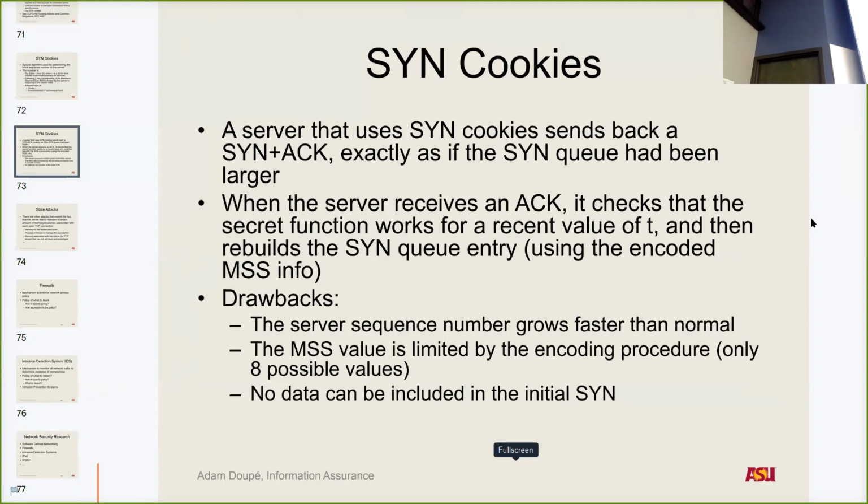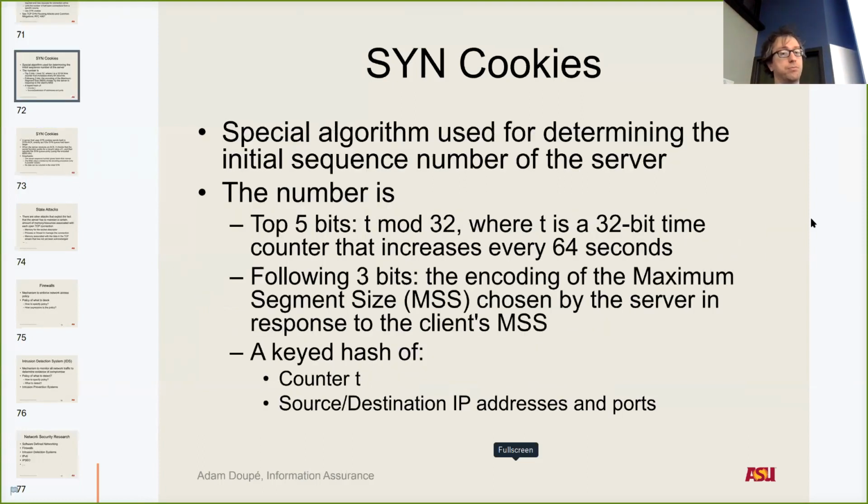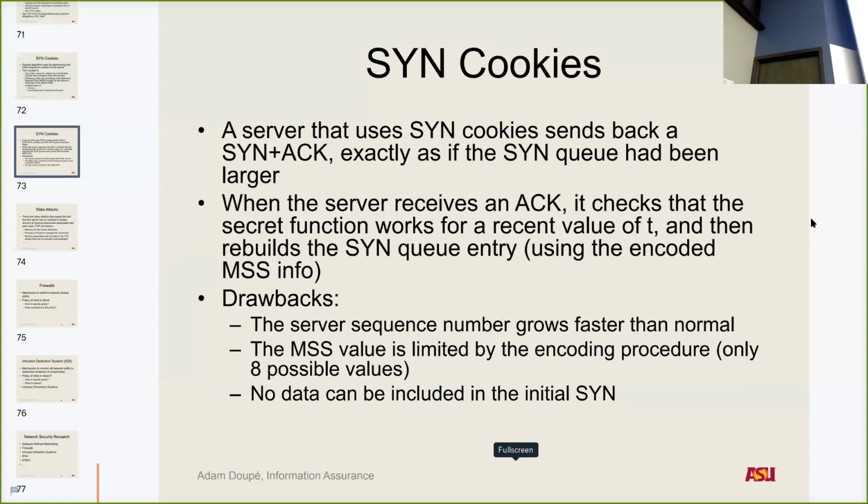The maximum segment size, now you only have 3 bits for it, but that's also kind of okay. 8 possible values. Realistically, networks aren't so insanely variable that you need very granular control of that stuff. And then you can't send any data in your initial SYN packet.